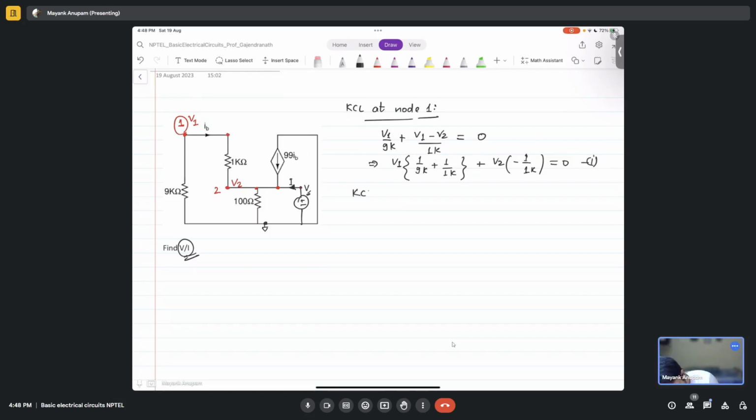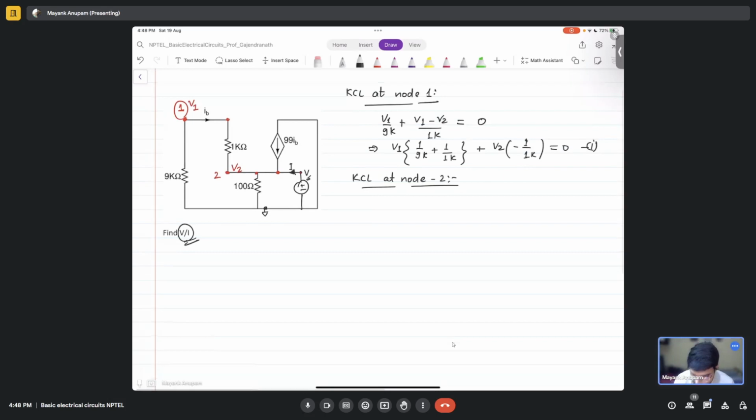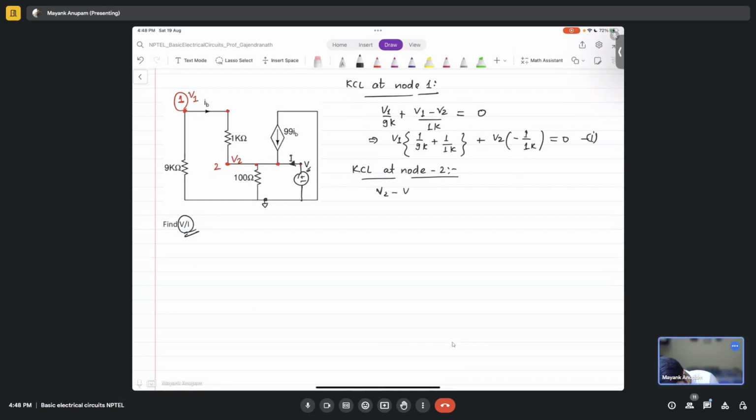Now KCL at node 2. What will that be? V2 minus V1 by 1K plus V2 by 100, or let's call it 0.1K, since everything is in K. And what else?